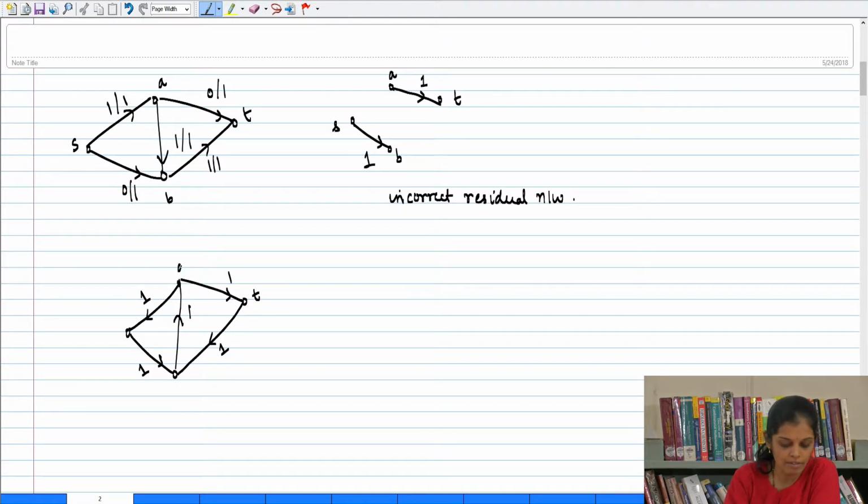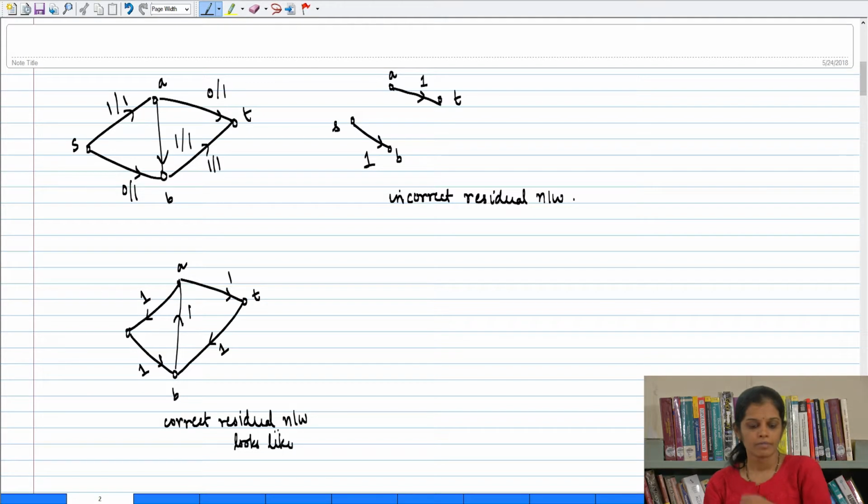So this is how the correct residual network looks like. Now is there an ST path? There is indeed an ST path, which is SBAT, and along that you will send 1 unit of flow.